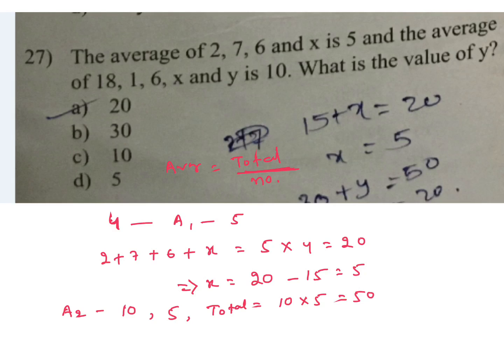Already x value we got, so y value we have to calculate. 18 plus 1 plus 6 plus x value 5 plus y is 50. Y value is 50 minus 30, it's 20. So option A is the answer.